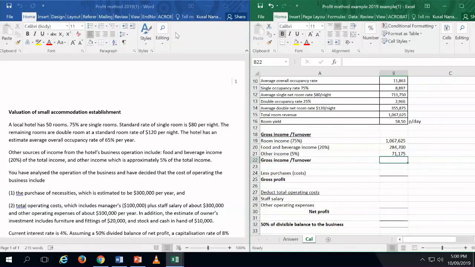So it says other sources of income from the hotel's business operation include food and beverage income, 20% of the total income, and the other income, which is approximately 5% of the total income. Right? So this other income is 25%, and then room income is 75% of the total income.